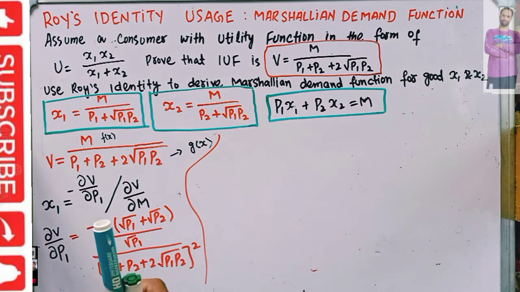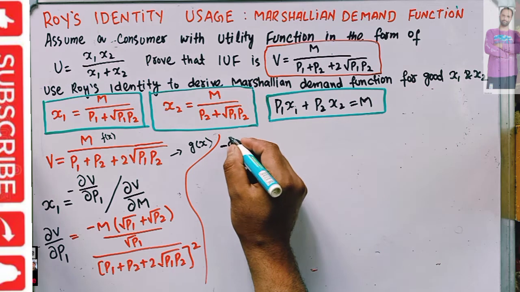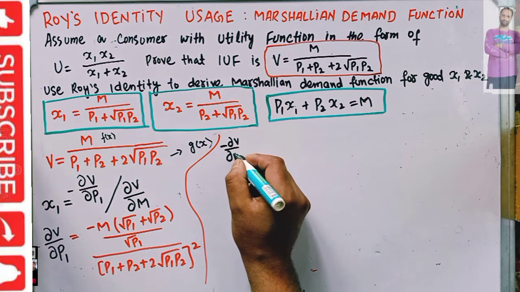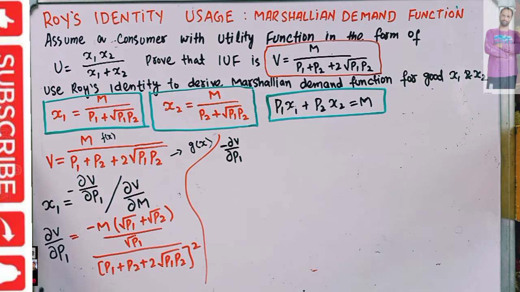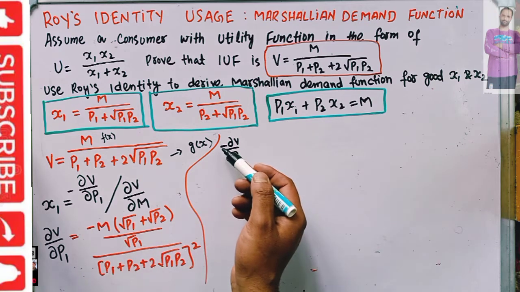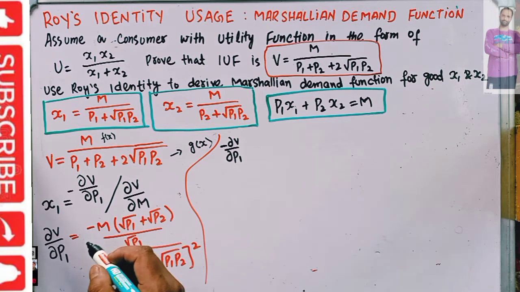Then our minus dv upon dp1 will be equal to, so if we give minus on the LHS, we have to give minus here also.